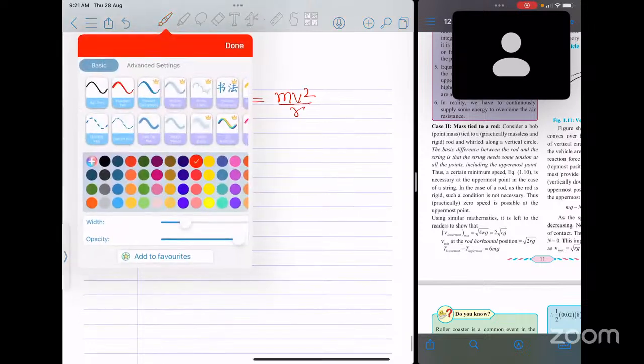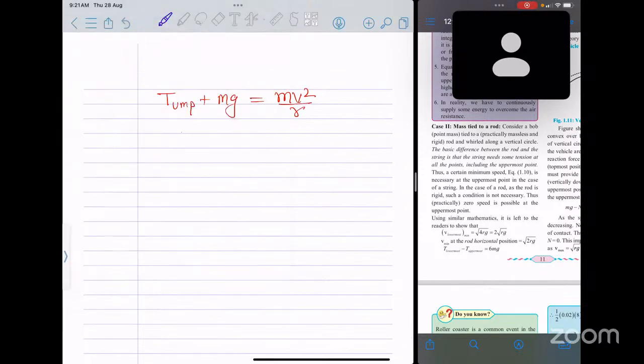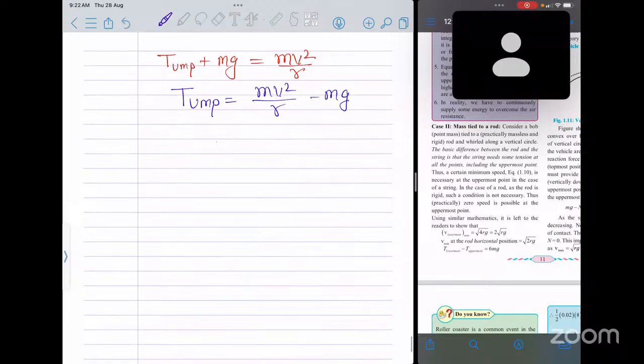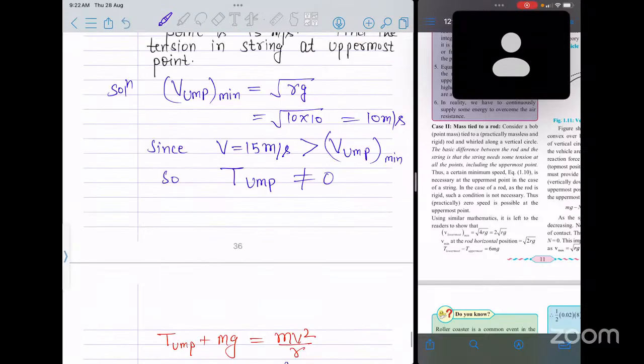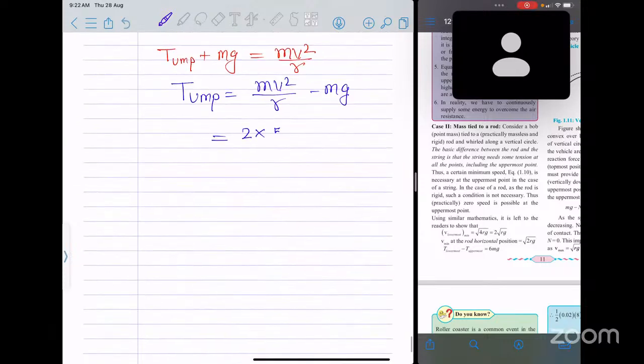So substitute the data. Tension at uppermost point will be mv square by r minus m into g. Put the data. M is 2 kg, v at uppermost point is 15 meter per second. So 15 into 15 divided by radius 10, minus m 2 into 10.